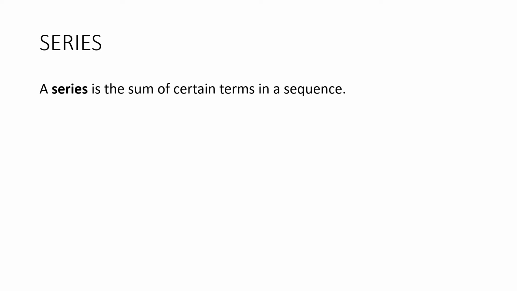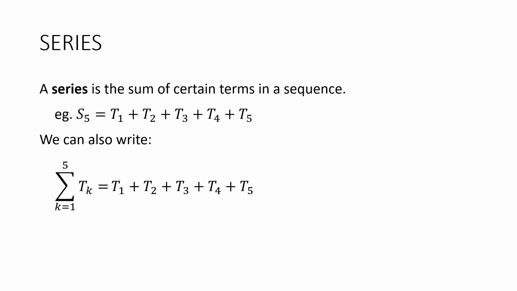A series is the sum of certain terms in the sequence. So for example, we can write S subscript 5 to mean the sum of the first 5 terms. We can also use sigma notation, and this does confuse some students, but this is exactly the same thing. It means find the sum of the terms in this sequence from k equals 1 up to k equals 5.